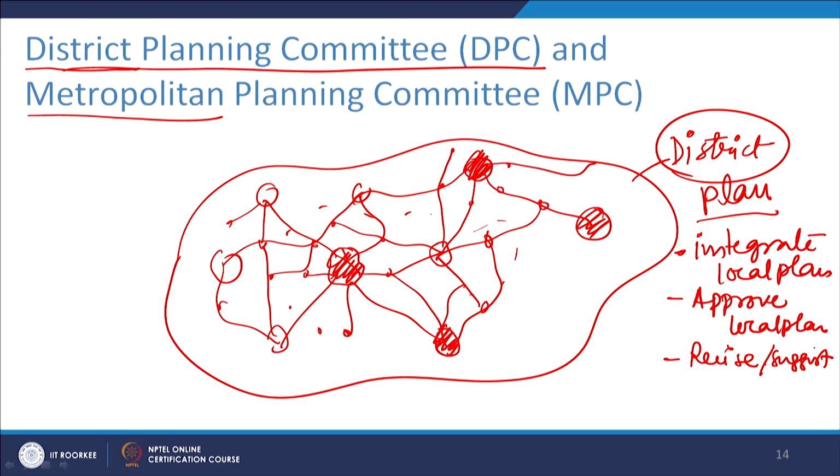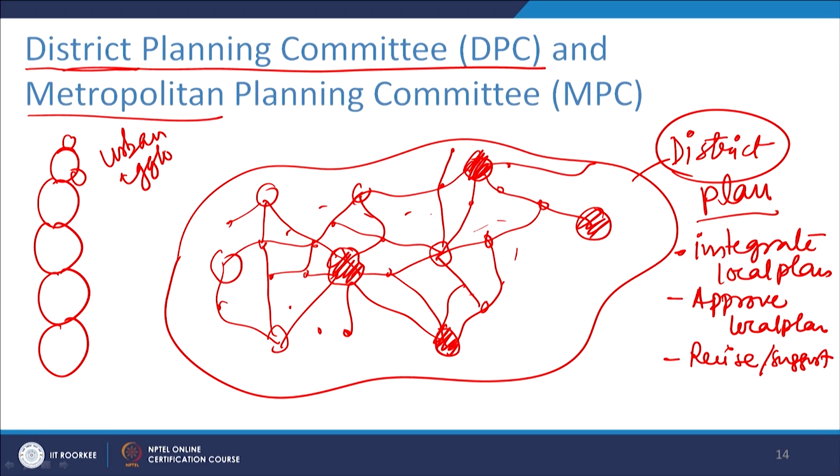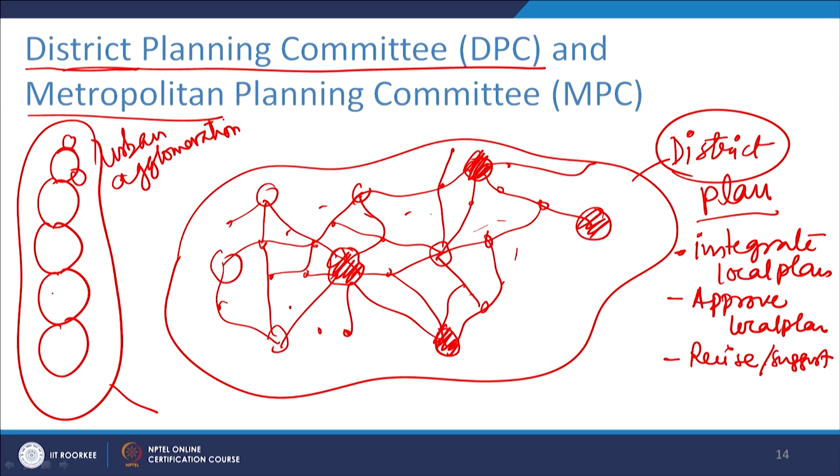Similarly, when we say that there is an urban agglomeration, like we discussed in the first lecture, these are all urban areas. An urban agglomeration can generate a large city, a large urban area, which we are calling a metropolitan area.